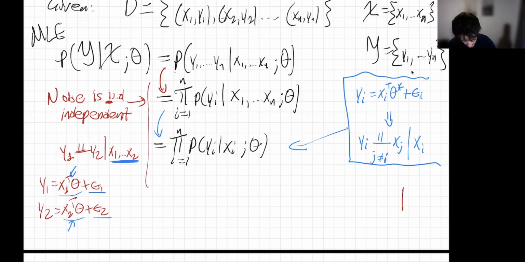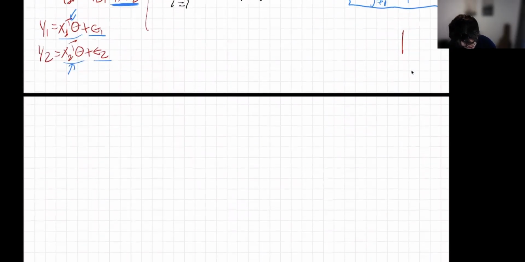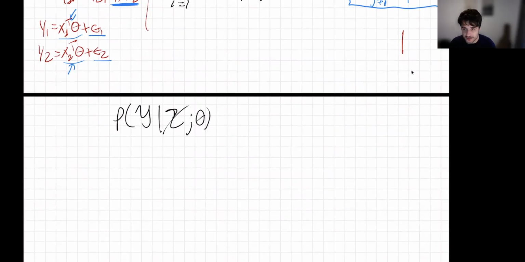The rest is just mechanical. So basically what we have done here is we have written down this particular likelihood of all of our labels given all of our x's for this parametric distribution theta.